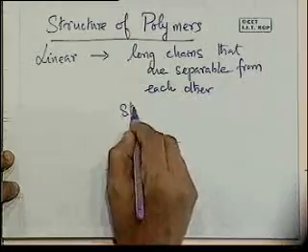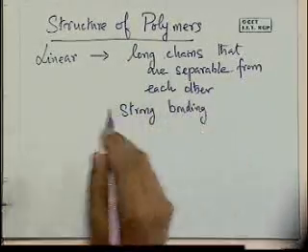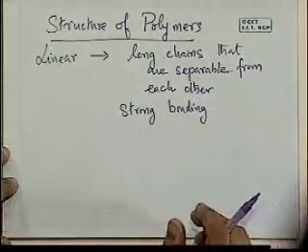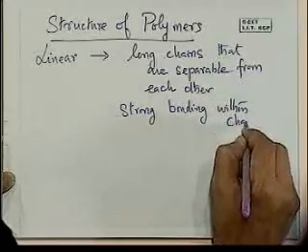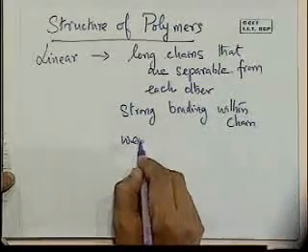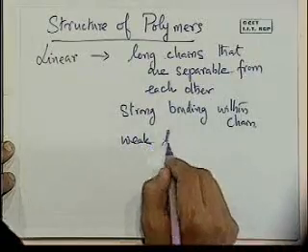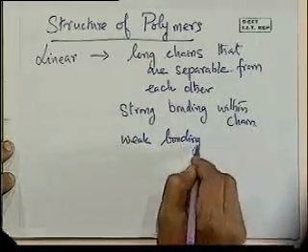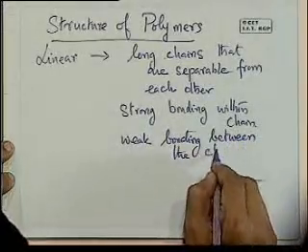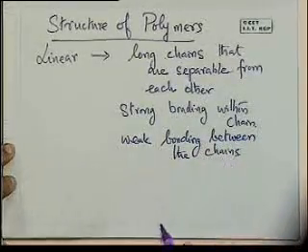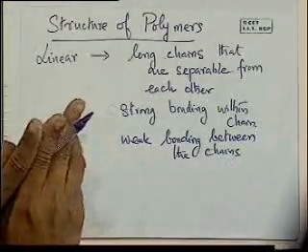We have strong bonding within the chain. So these are all covalent bonds that are forming part of the polymer. But we have weak van der Waals bonding between the chains. And as a result, it's easy for these chains to slip with respect to each other.